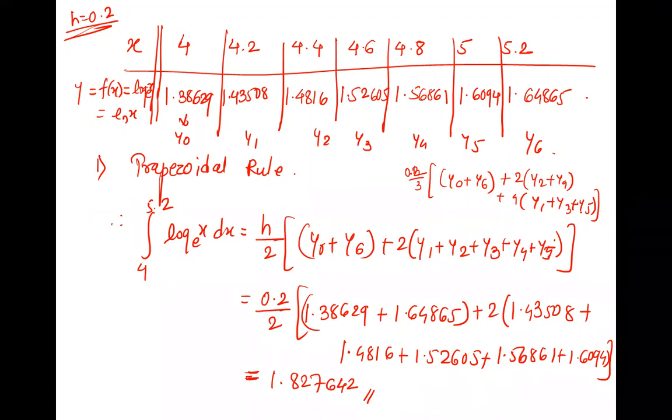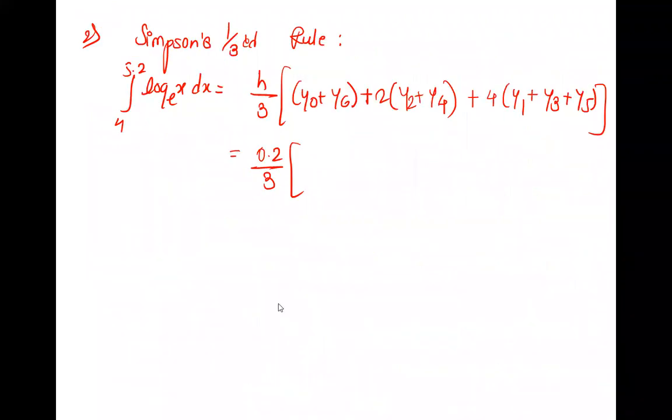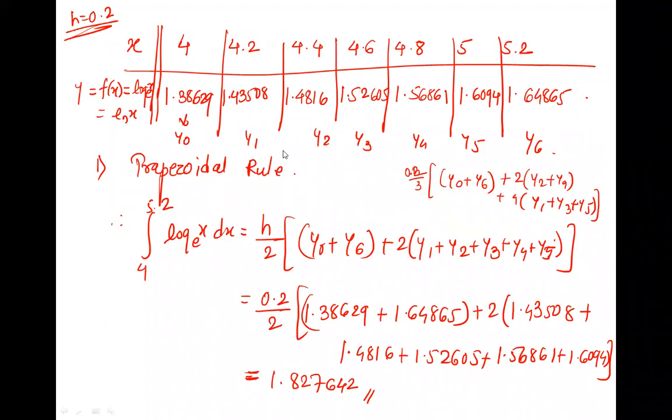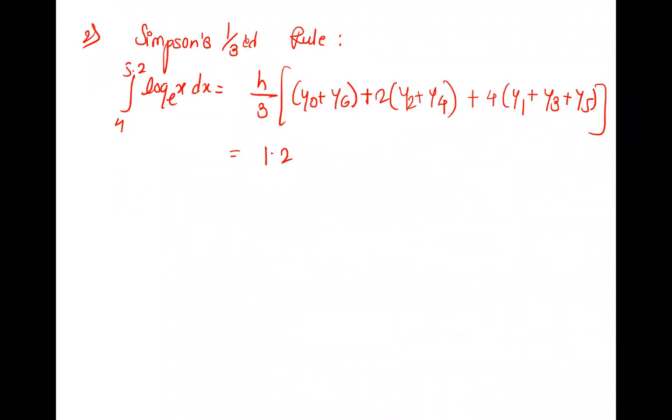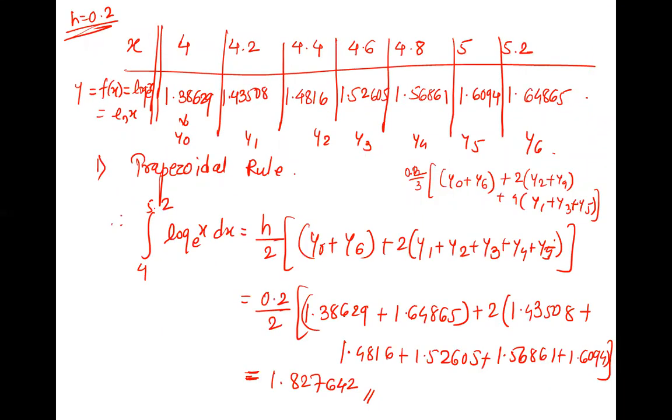One point 218428. Both are getting different. 1.82. Oh God, 7. All are getting different. Let me solve. You try.